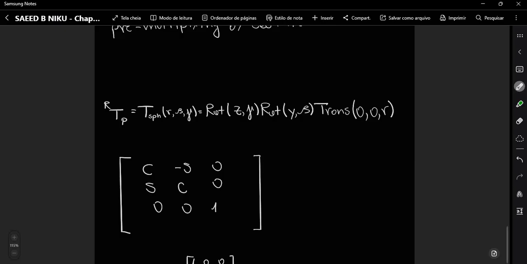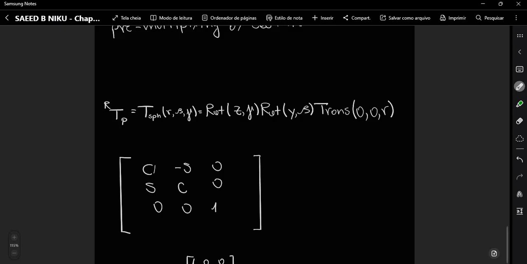And something that I got confused about is that the book's description of the sequence diverges on the sequence in which these transformations are being multiplied.